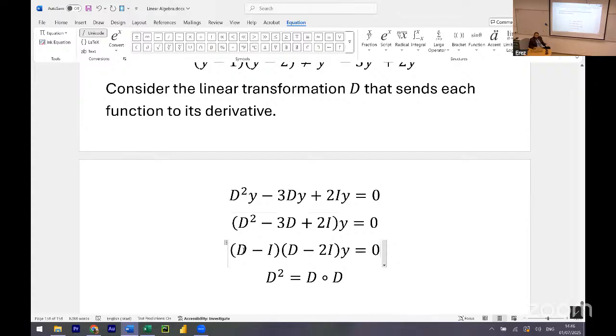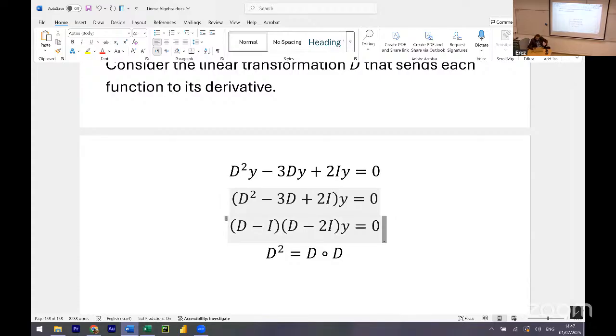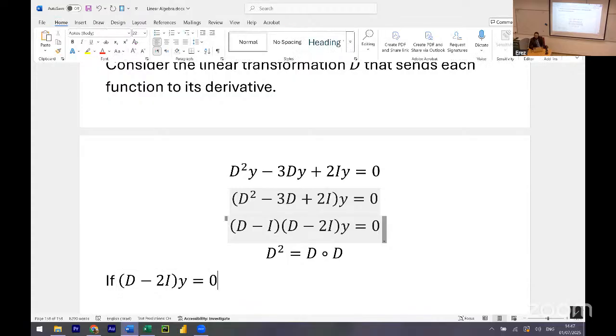Because linear functions work like matrix multiplication, we can use the distributive law, and we get D times D, or composition, which is D squared, D times the identity, which is D, and so forth, and we get this. Therefore, if D minus 2I y equals 0, then y is a solution.